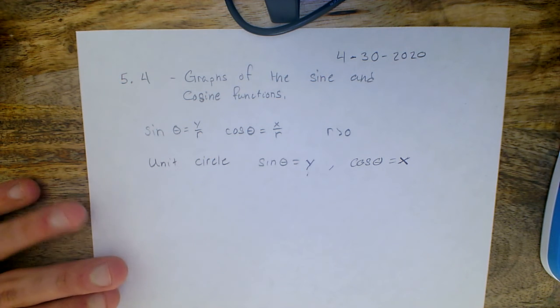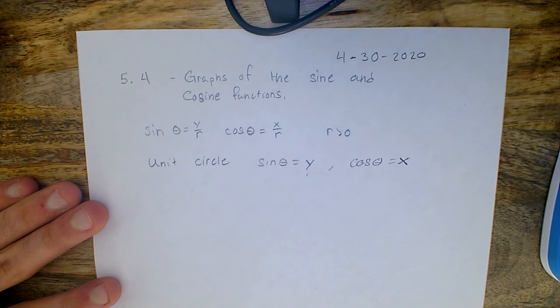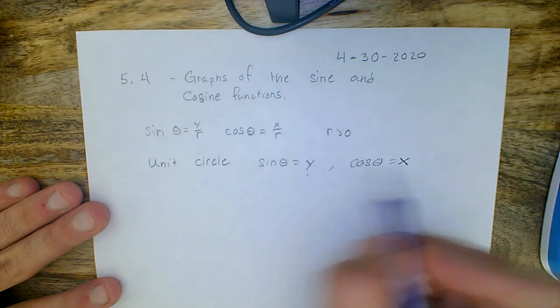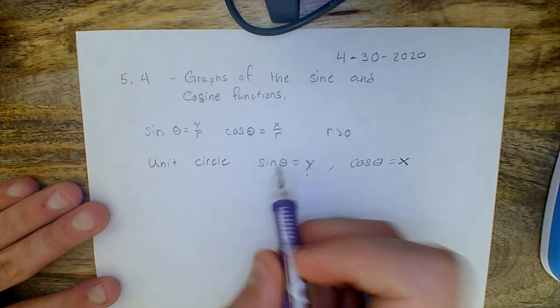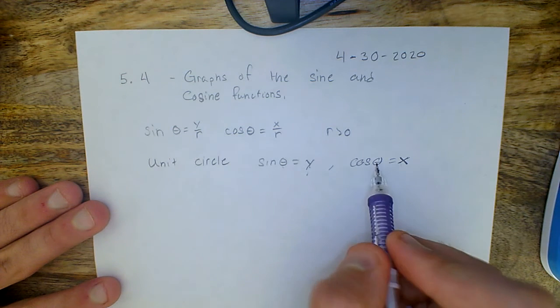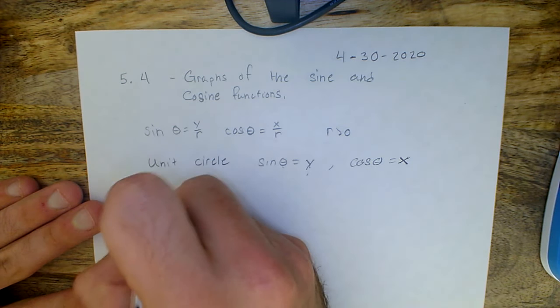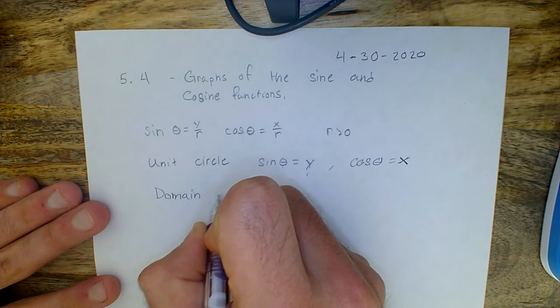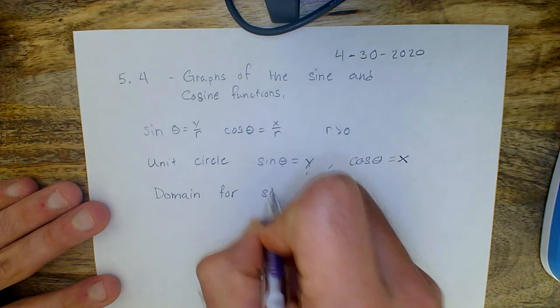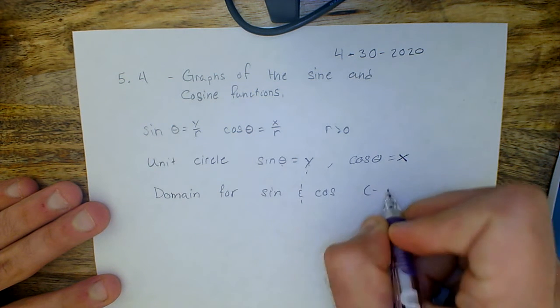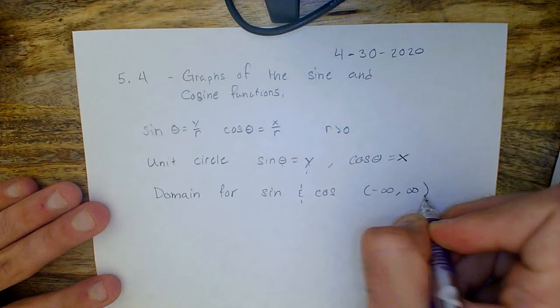The nice thing about this is these are always defined, so there's no division by zero here, so you can put in any angle you want. So the domain for sine and cosine is negative infinity to infinity.